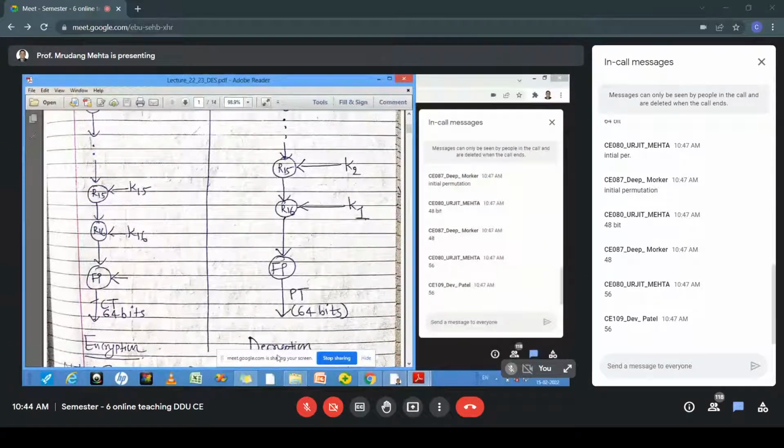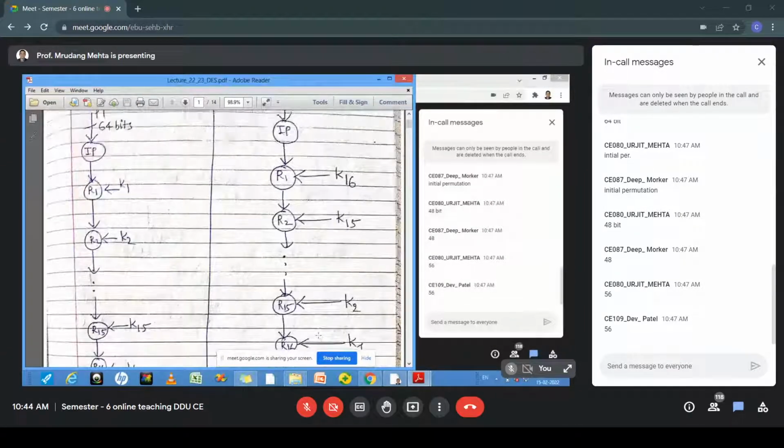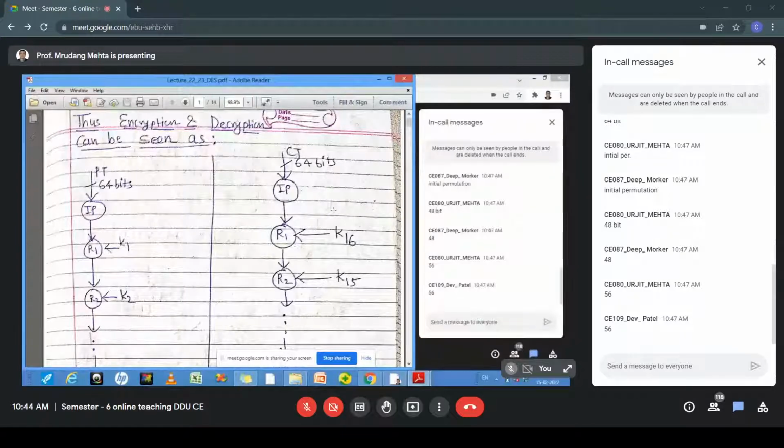Similarly, on the decryption side, we have ciphertext as an input, which is again 64 bits. Then again we perform the initial permutation, right?